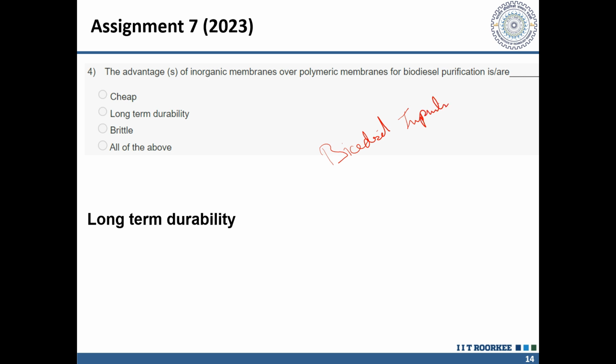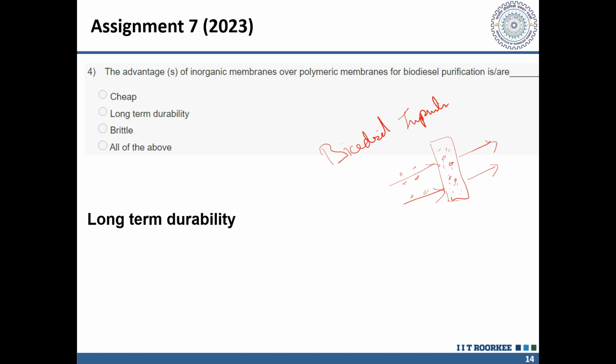To purify them, we pass it through some kind of membrane, and this membrane contains some types of adsorbents, and it's a porous membrane also. So the biodiesel can be passed through it, and it might have some impurities in it, which will get stuck here, which will get absorbed here, and we will get purified biodiesel.